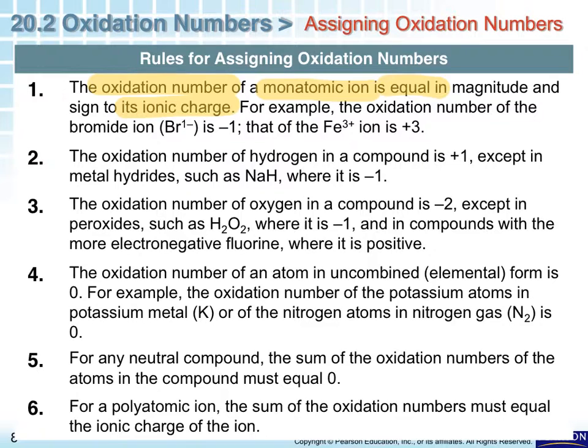Rule number 2. Hydrogen is +1, but there is an exception to the rule: when hydrogen bonds to a metal, it is -1. So hydrogen is +1, except when it's bonded to a metal, it's -1.